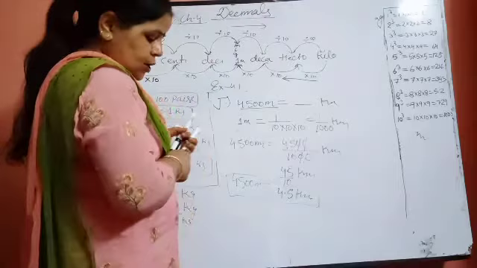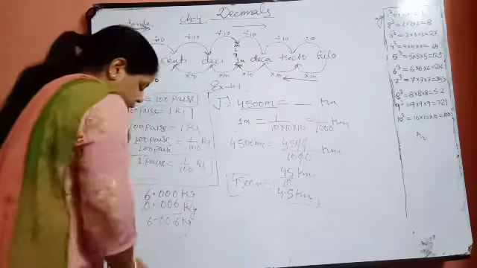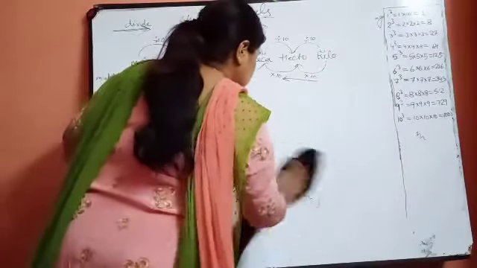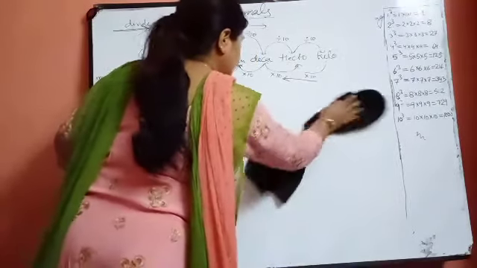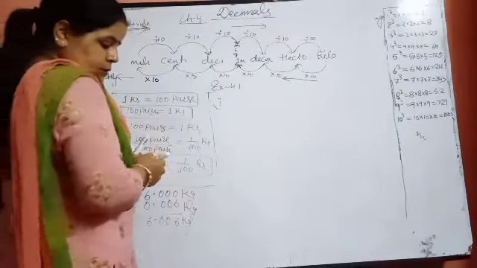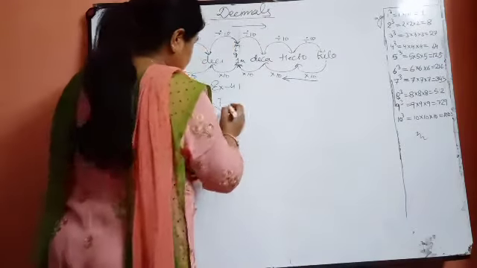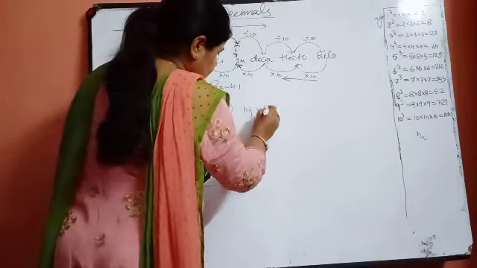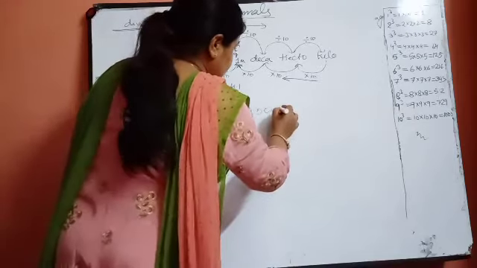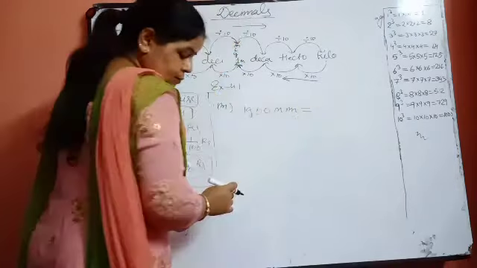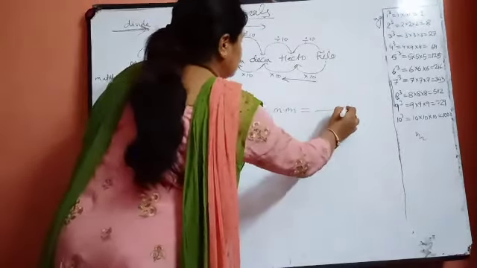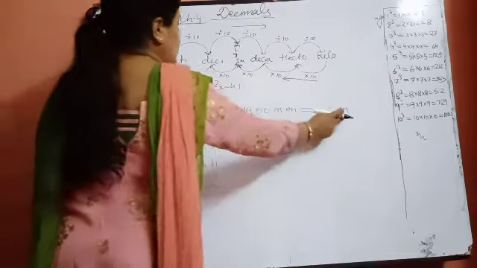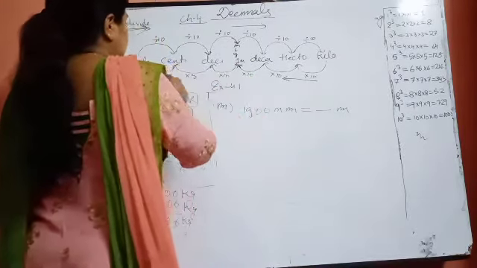Millimeter to meter, m part. 1900 millimeter is equal to dash meter. Now millimeter is here. From millimeter to where do you have to go? Meter. Meter is here.